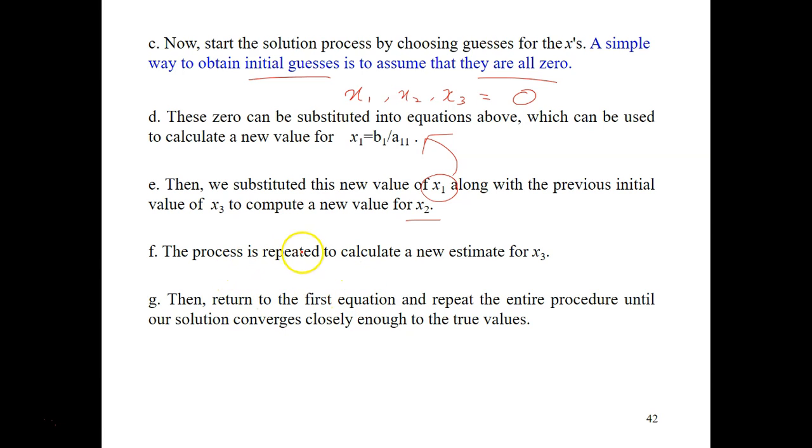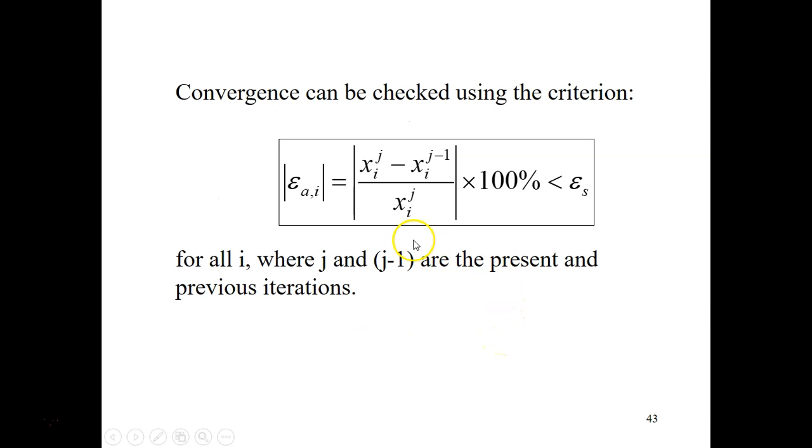So the process is repeated to calculate a new estimate for x3, just like I showed you. Then return to the first equation and repeat the entire procedure until our solution converges closely enough to the true values. All right. So with this method, you are calculating using many iterations. Iteration 1, iteration 2, iteration 3, and then back again, iteration 4, 5, 6, a lot.